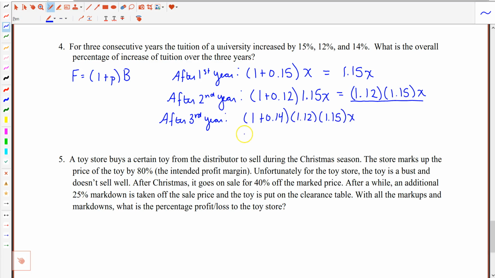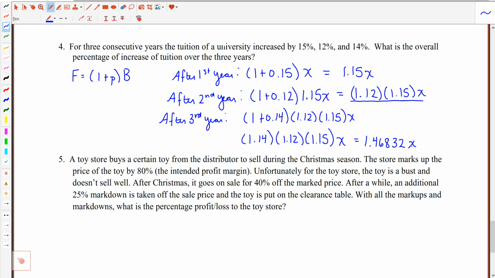Cleaning this part up, I would get 1.14, and then the variable x. So now I'm going to multiply all this stuff out. If you multiply 1.15 times 1.12 times 1.14, we end up getting 1.46832, and then the variable x.